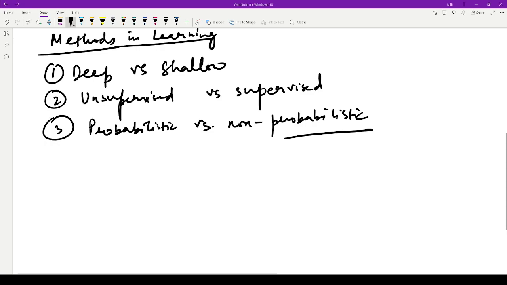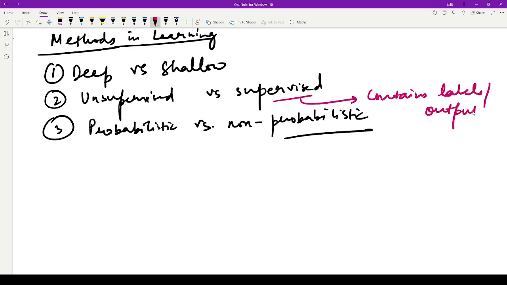So for the supervised case, the data contains labels or desired outputs, and in the unsupervised case, it doesn't contain the labels.